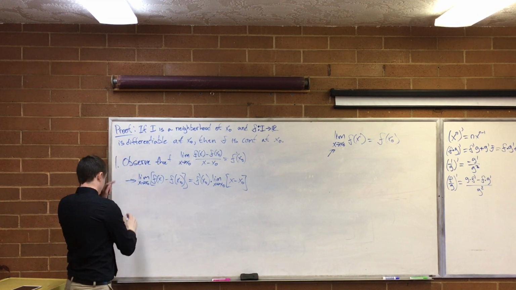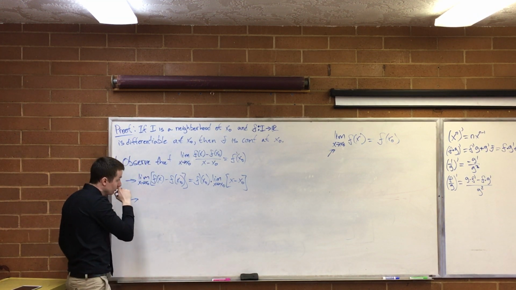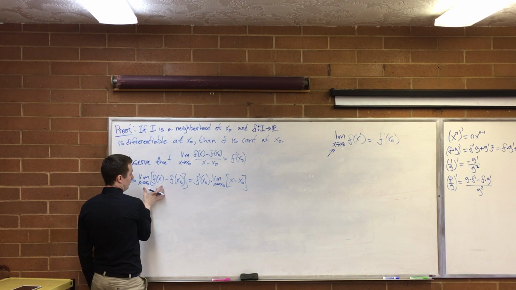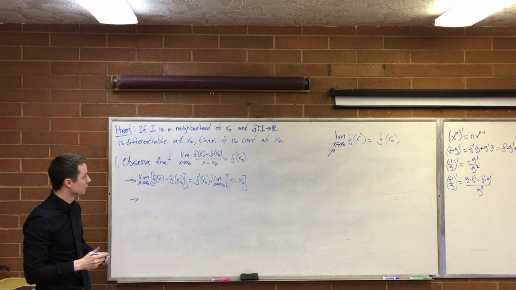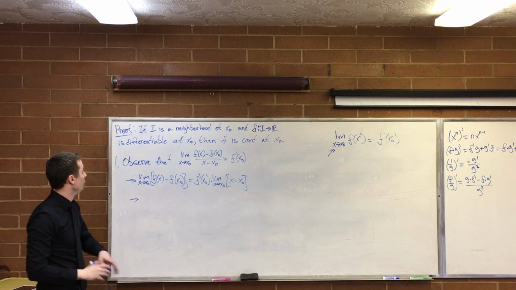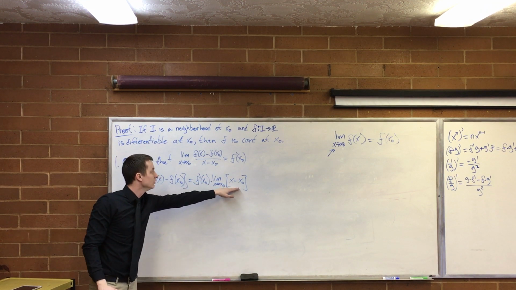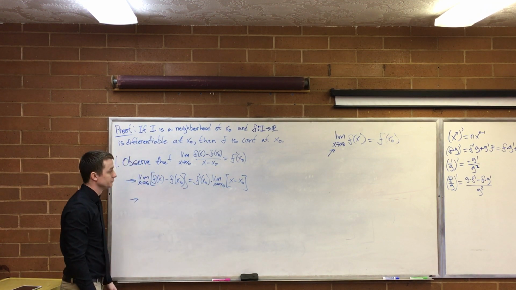Good with that? We multiply both sides by the limit as x approaches x naught.